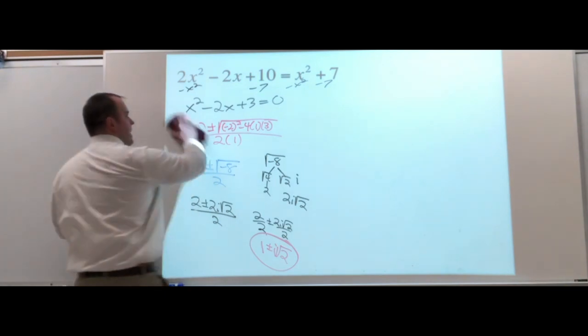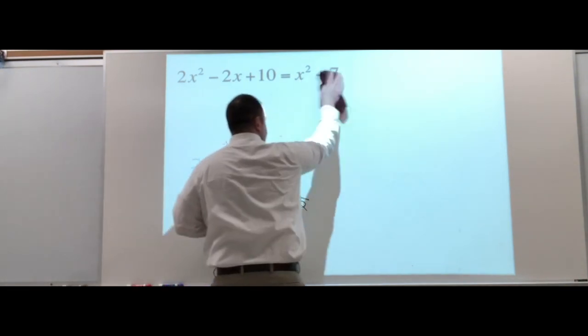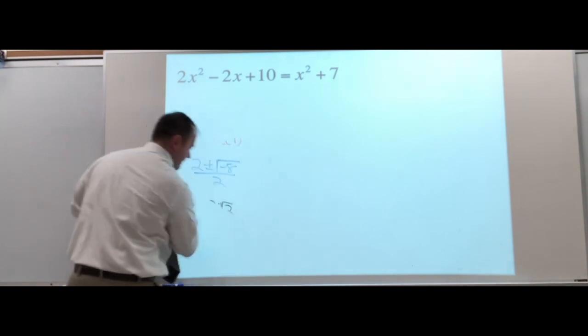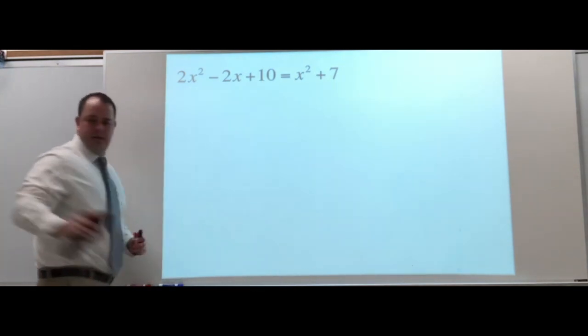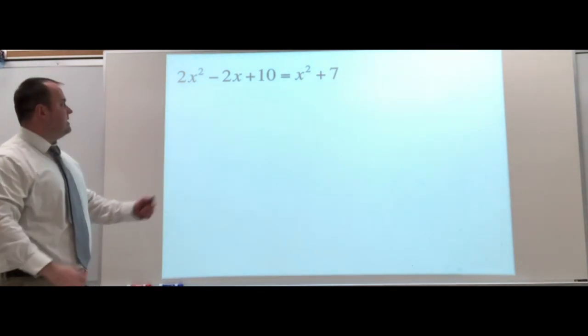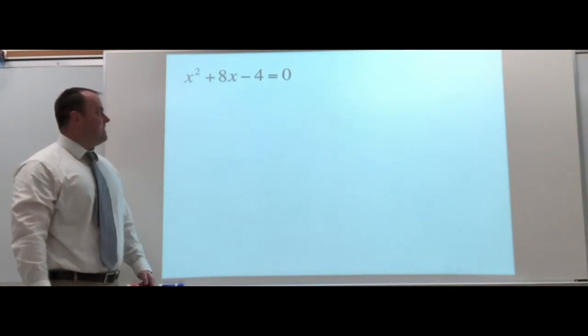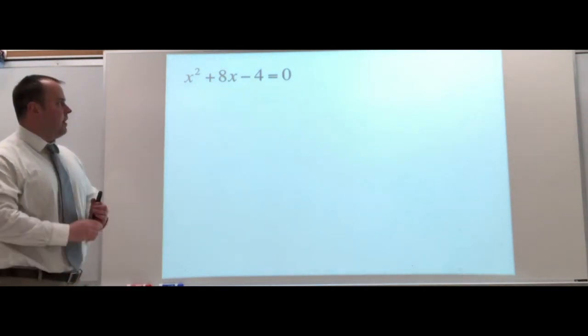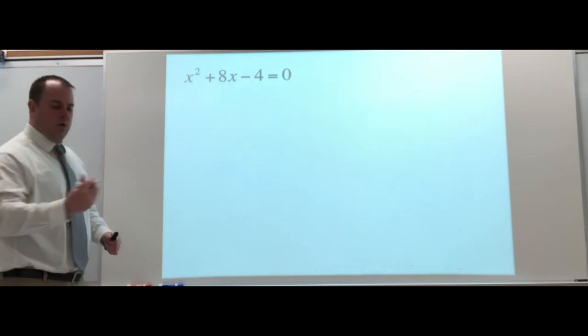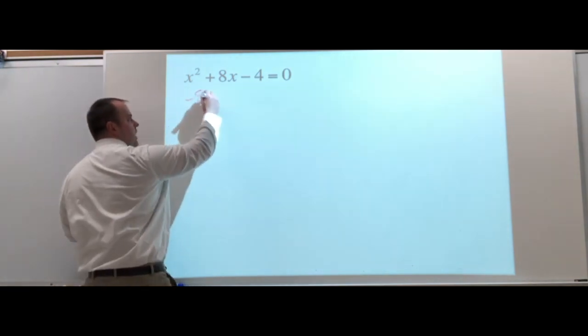Okay, let's do one more example. This last example, x squared plus 8x minus 4 equals 0. It's in standard form, so right away I'm going to go right to the quadratic formula.